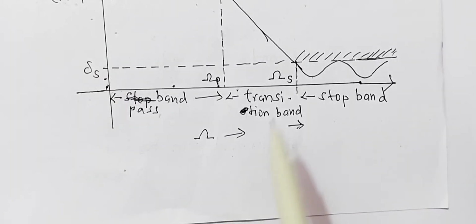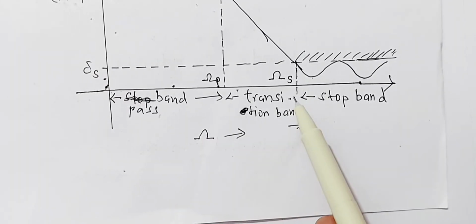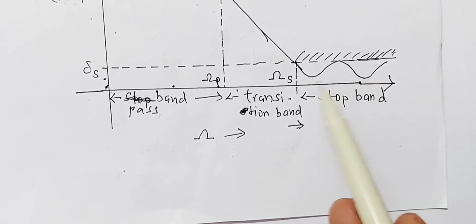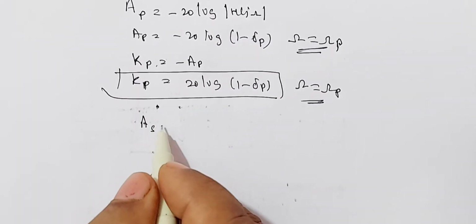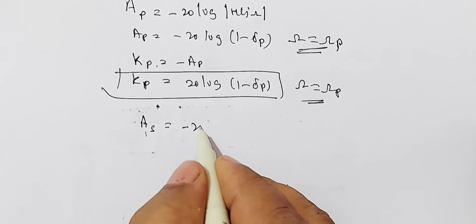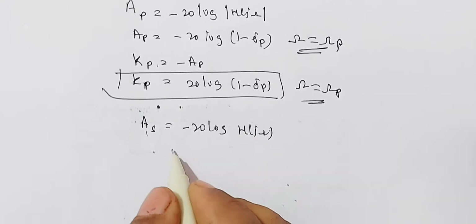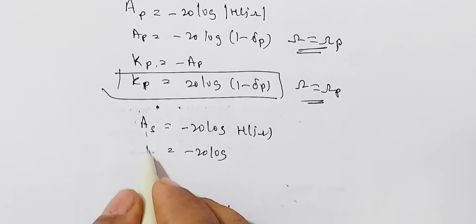Similarly, consider this. When the frequency omega is more than omega s, the output voltage is 0. That is another specification. Therefore, I will write this as As. Stop band attenuation is given by minus 20 logarithm of H of j omega, which is equal to minus 20 logarithm of stop band.